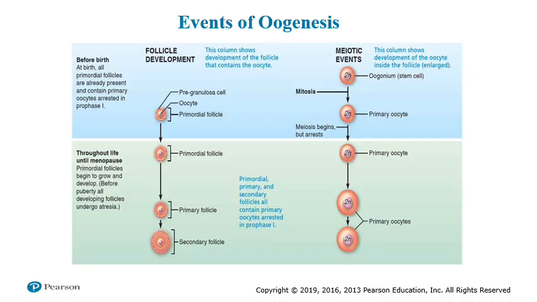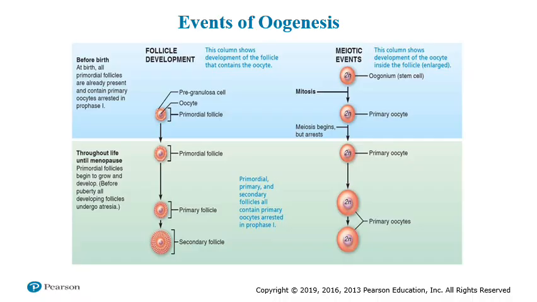It is not anymore the oogonium, although the oogonium or the stem cell would still be available to us. If something happens and we lose a lot of our egg cells and we are not yet on menopause, we can still produce new oocytes because we have oogonia or stem cells still residing in our ovaries even after birth. So our primary oocyte that is arrested in prophase 1 is inside the primordial follicle.